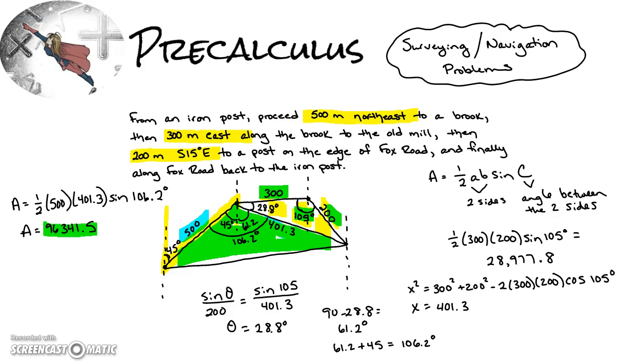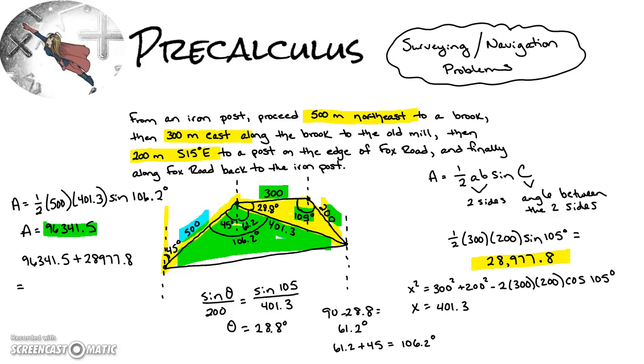And I'll just show, so this area is for this triangle right here. And the area that we wrote down over here was for this other triangle. So we have the yellow triangle and the green triangle, and all we have to do is add together the two areas. So I'll just do 96,341.5 added with 28,977.8.